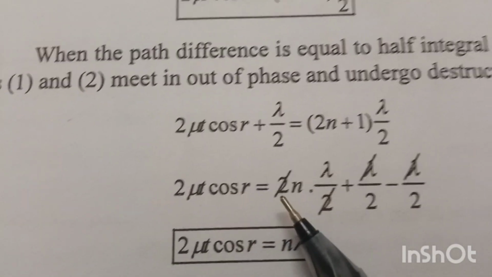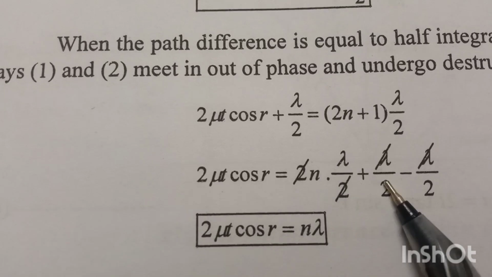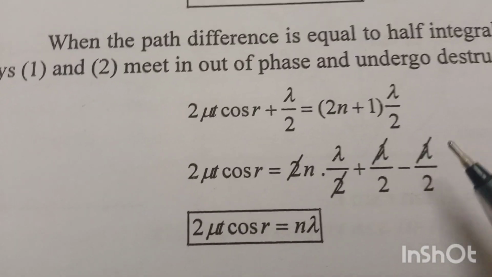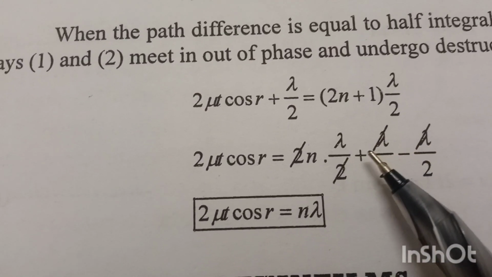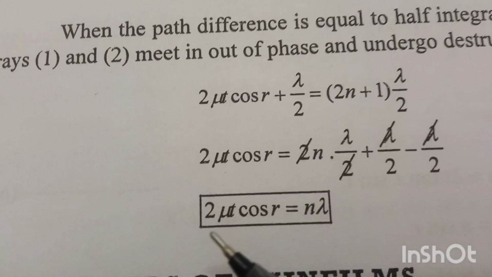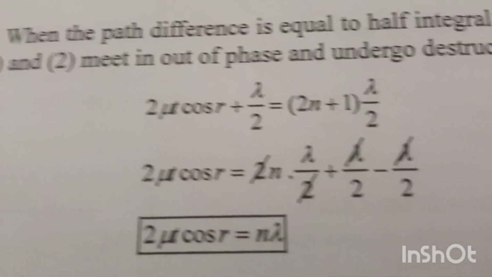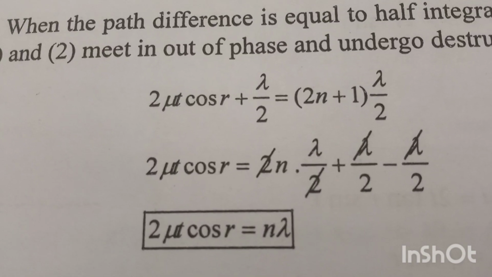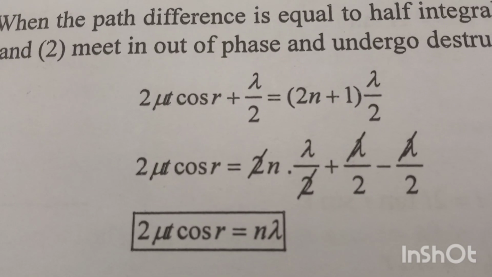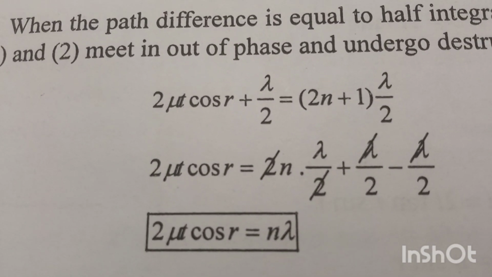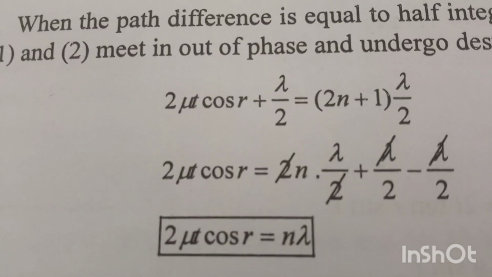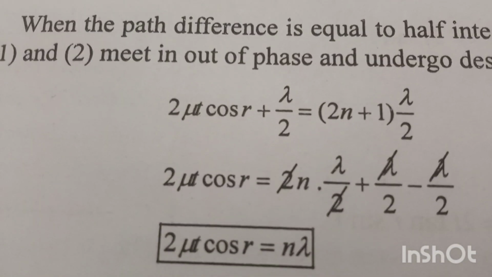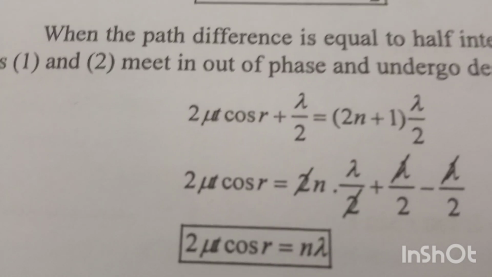Here 2 mu T cos R is equal to 2n into lambda by 2 plus lambda by 2 minus lambda by 2. Here lambda by 2 gets cancelled, so we get 2 mu T cos R is equal to n lambda. This is the final condition for destructive interference, or the condition for dark fringes. So totally this is about the interference in thin film by reflection.